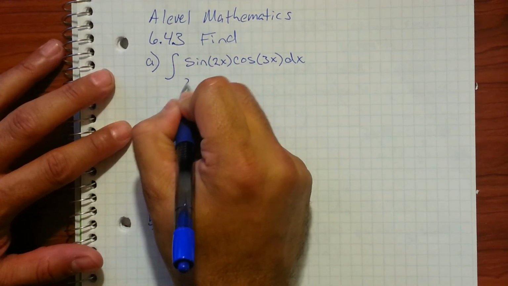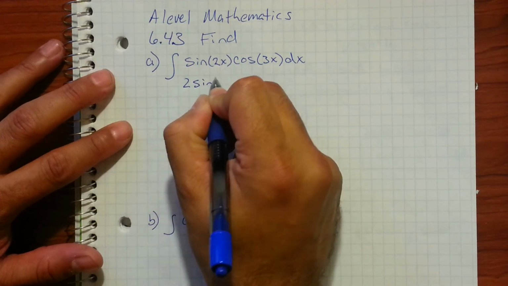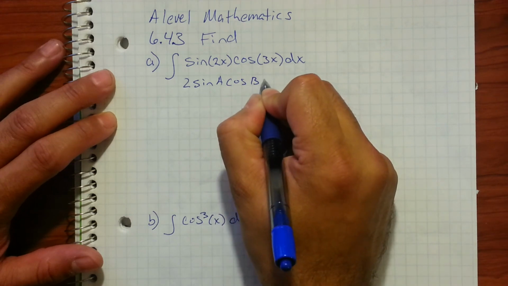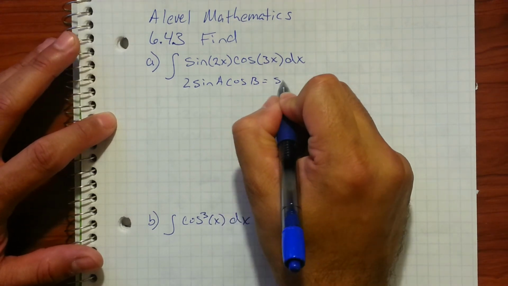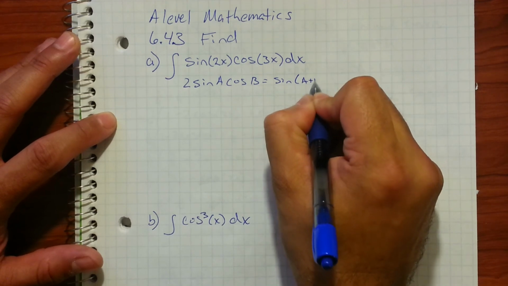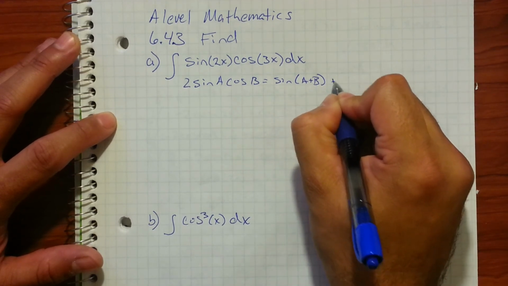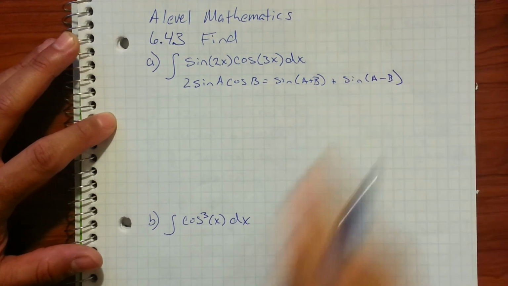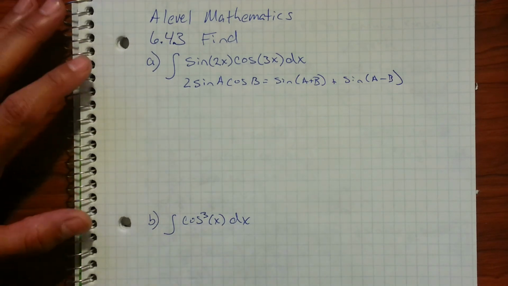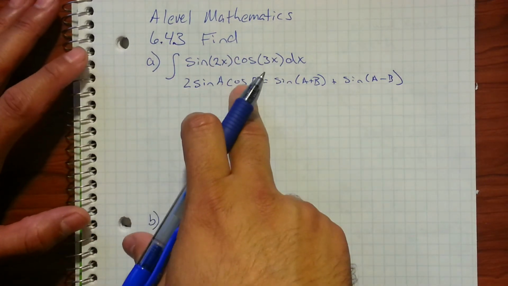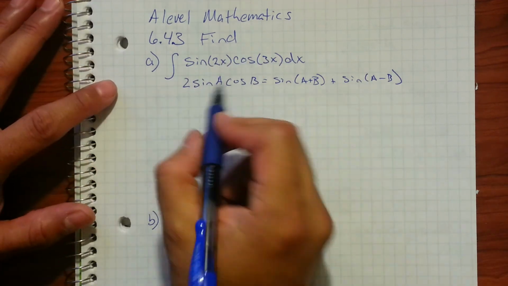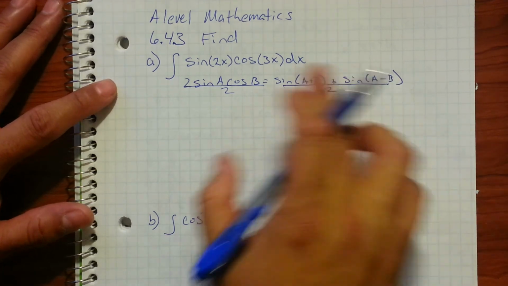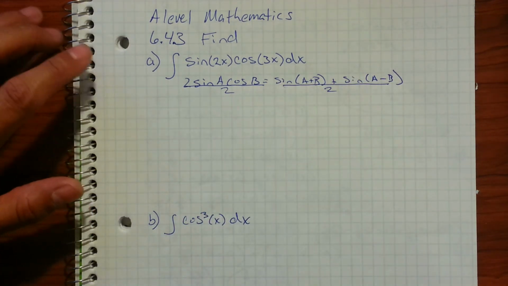So it was 2 sine A cosine B is equal to sine of A plus B plus sine of A minus B. Okay, so right here, I don't have 2 sine A cosine B. The 2's missing. So to make this work, I'm going to divide both sides by 2.